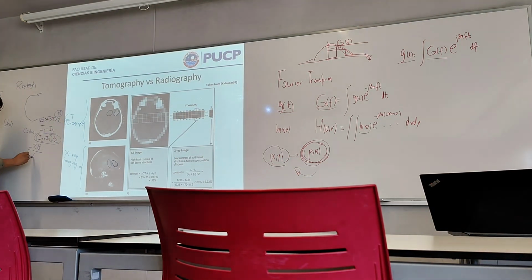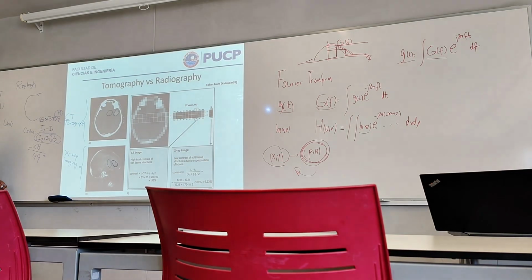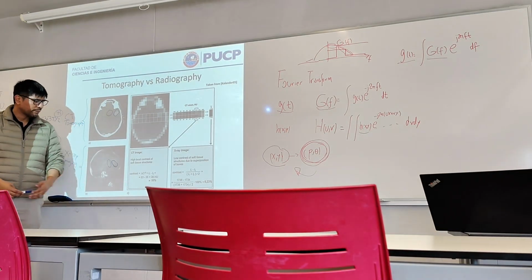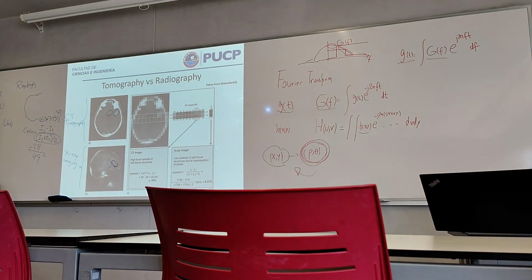So 28 divided by 49, you can get something like 50%. But yeah, around that, it's almost 50%.